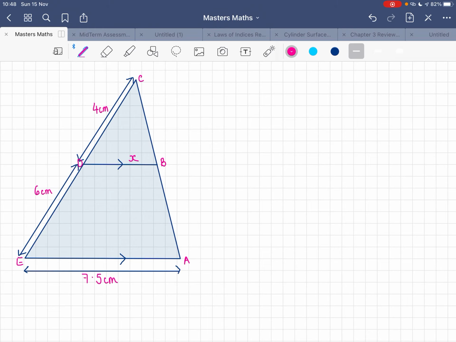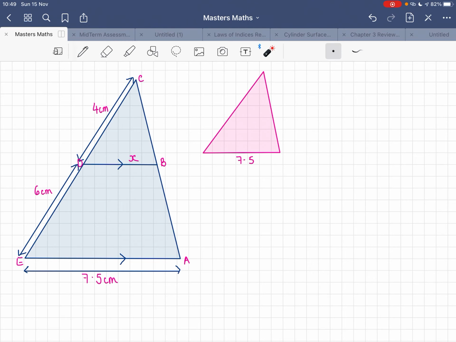Okay? Sometimes it helps me to draw out the triangles that I'm working with, so to draw them separately. So you have the big triangle, it hasn't come out the way I wanted it to. You have the big triangle where the base is 7.5.